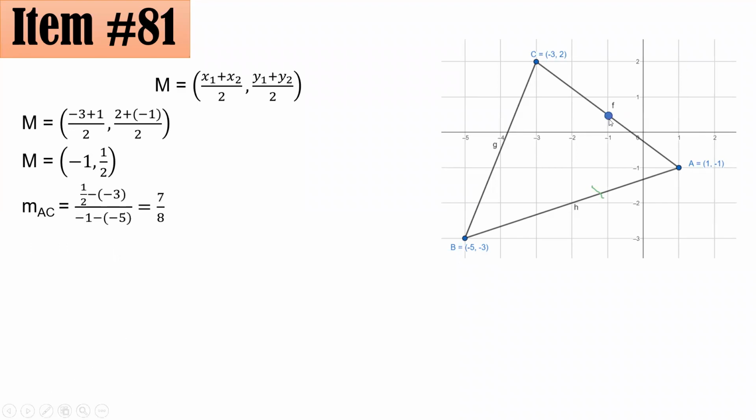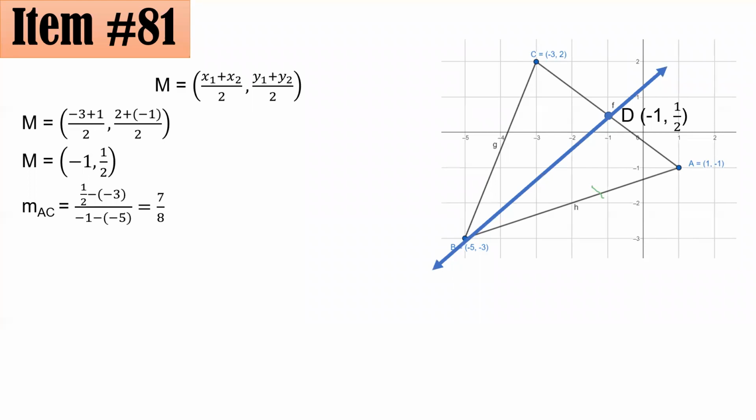Knowing that this is our midpoint D, to determine the median, we have to connect point B with point D. And we have here the line that we're looking for.